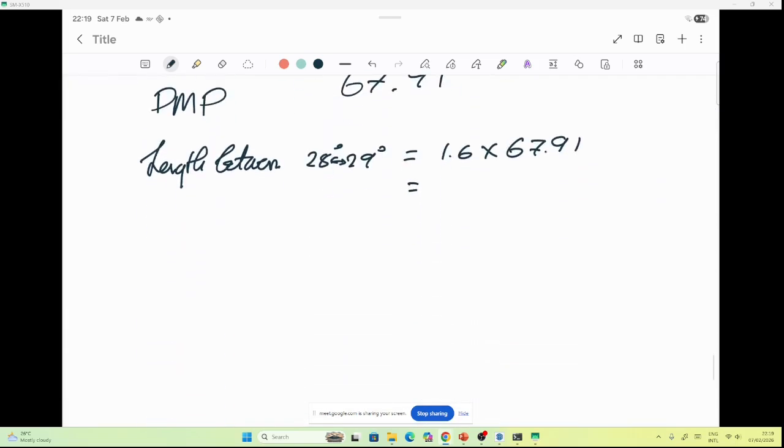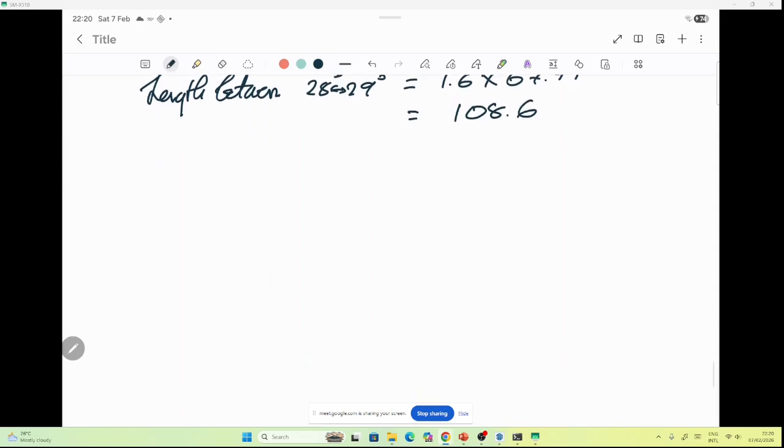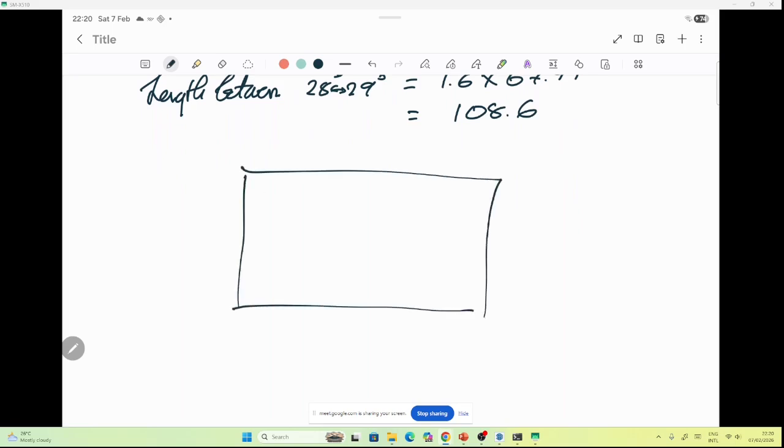Yes, sir. Right? So this is 108.6. So in a Mercator chart, we can easily derive a formula. This is one waypoint, this is another waypoint, this is a Mercator chart.